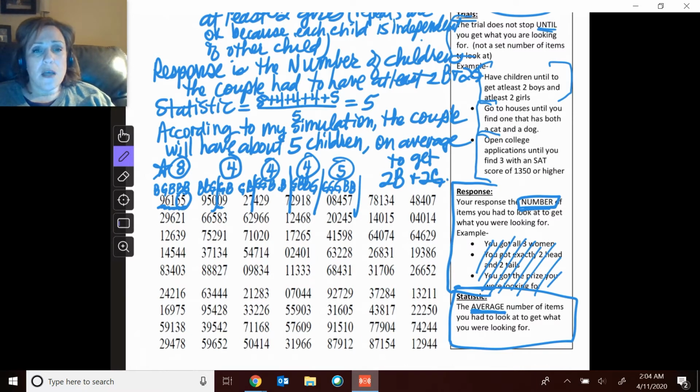Now, question, because had we done actually 10 trials, that number would have been different. I think it was like 5.3 or something, or 5.5, I think it was. So, question, if my average had come out to be a decimal of 5.5, can I say the couple needs to have 5.5 children according to my simulation?